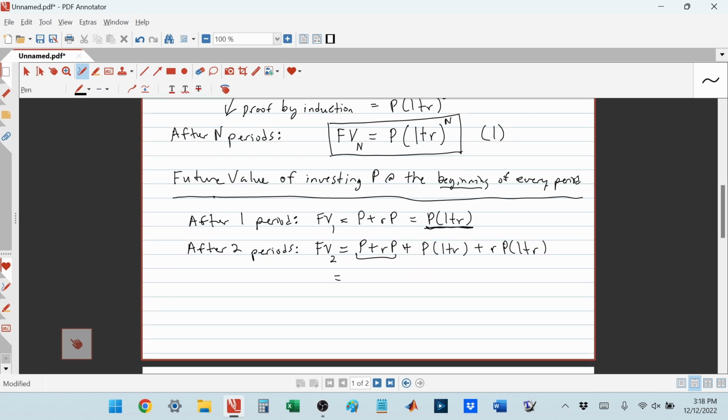So if we do a little algebra here, we have P times 1 plus R plus P times 1 plus R plus R times P plus 1 times 1 plus R, which is the same thing as P times 1 plus R times 1 plus, well, let's be careful here.